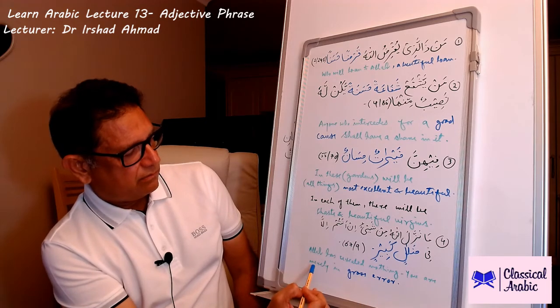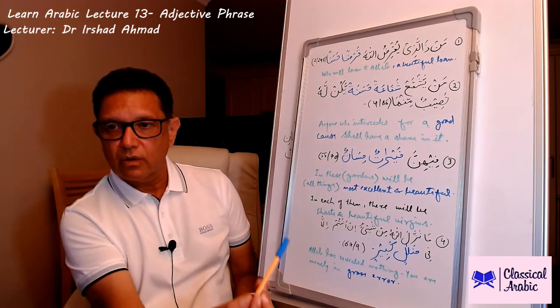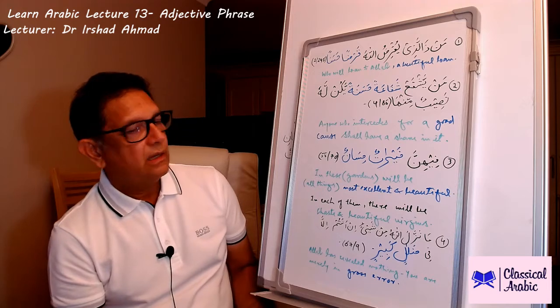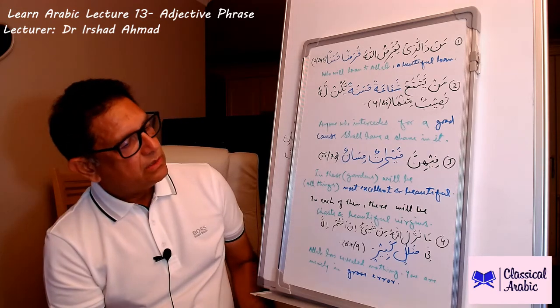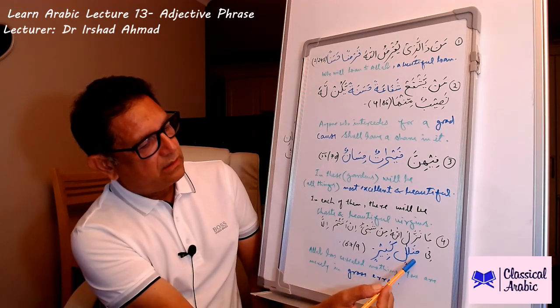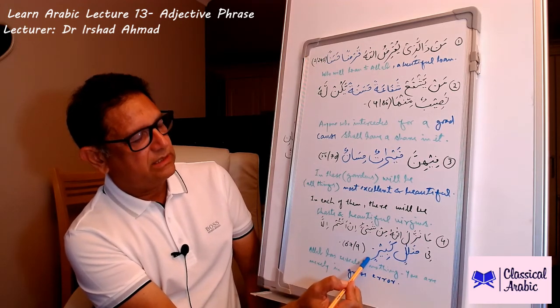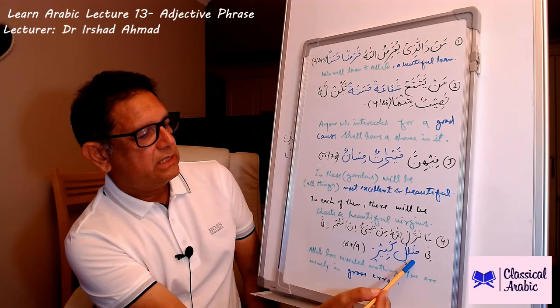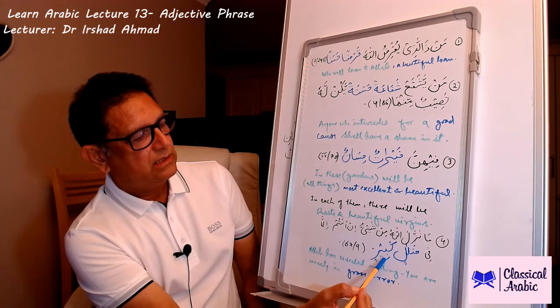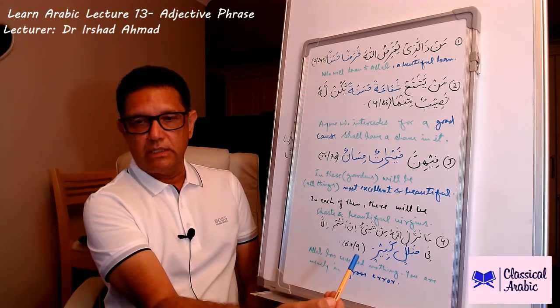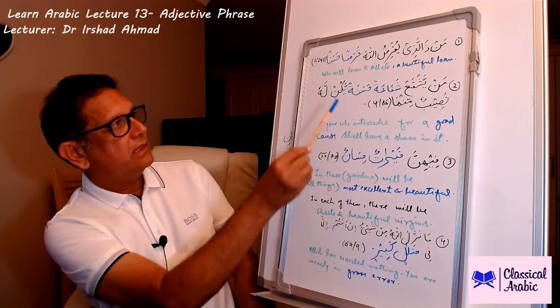You are merely in gross error, major error. You are kind of mistaken. So dalalin is mawsoof and kabirin is its sifa. So this is in jar, and sifa will have to follow and be in jar. So we got three examples here.